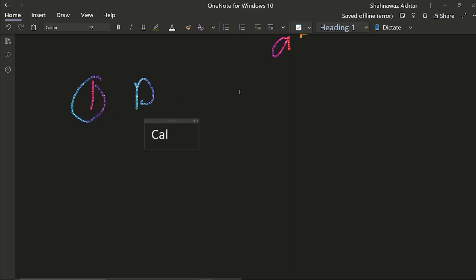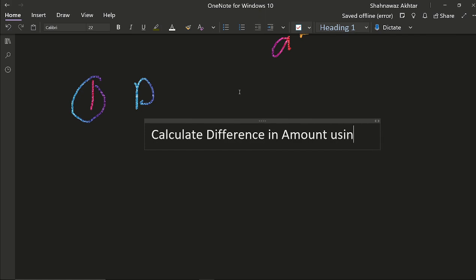the amount using SI, that is simple interest, and compound interest.